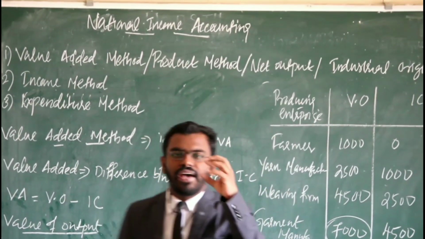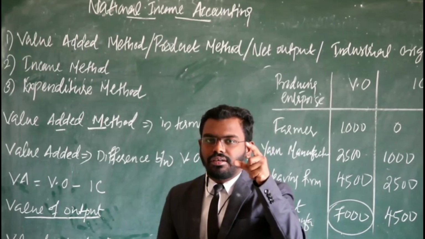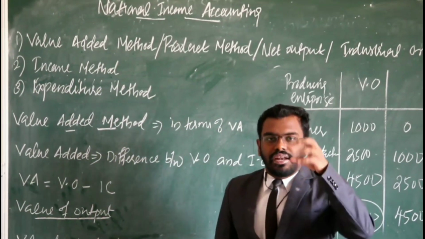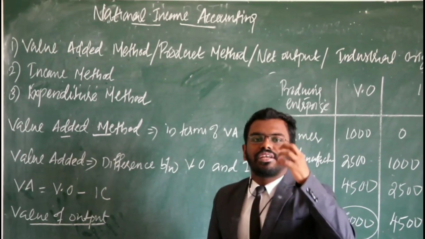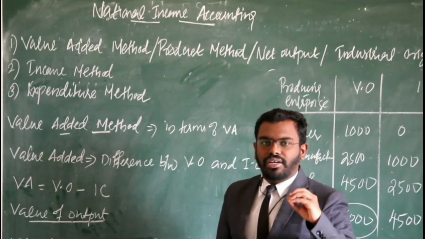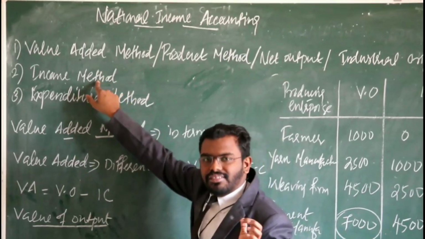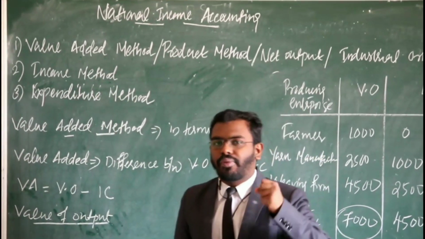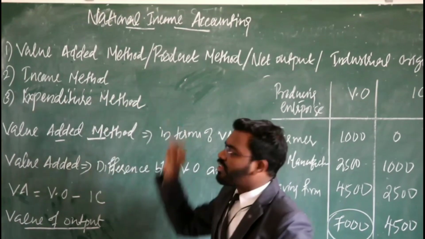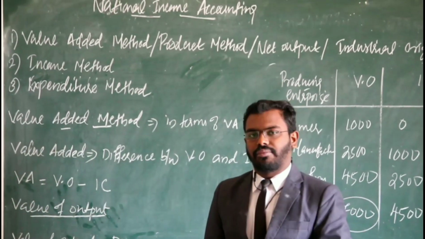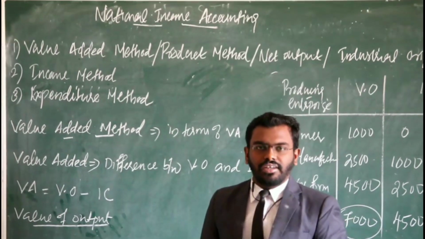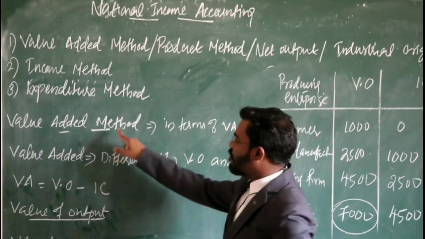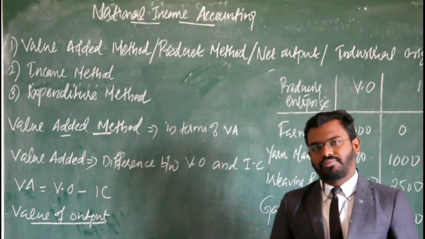So the total value of output is related with the value added method. Income generated by factors of production is related with the income method. And expenditure made by households is related with the expenditure method. So firstly we can start the first method of national income accounting, that is the value added method.